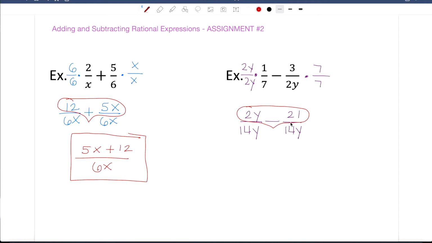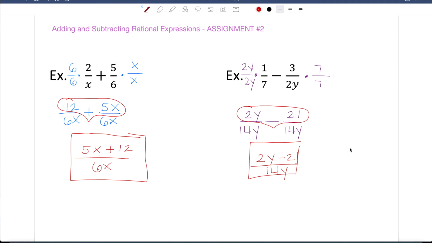They're not like terms, so I cannot subtract them. So I just bring down what I have, and you keep the denominator the same. Again, if you leave your answer like this, it's fine, I'll accept it. You don't have to try to simplify. If you know how to simplify, perfect, go ahead. And if you have any questions on it, ask me and I'll be glad to help.